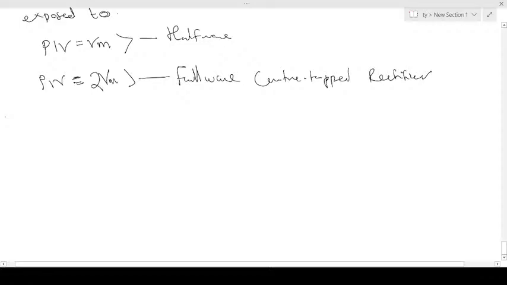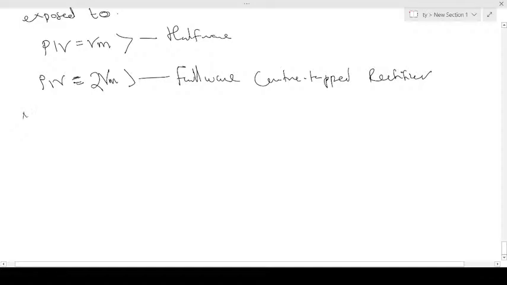So now, before we solve some examples, I'm sure you can already tell that our full wave rectifier is much more advantageous than our half wave rectifier. It's more efficient, and it doesn't have much of a ripple effect.